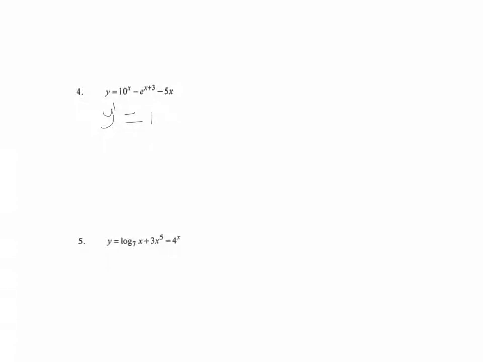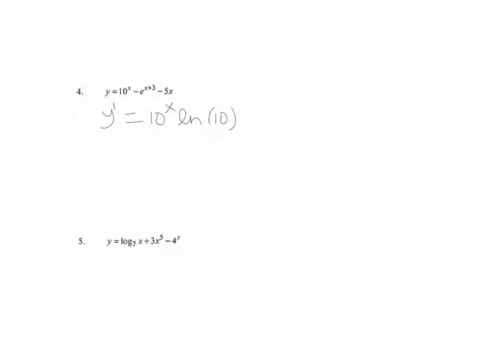Good. Remember, it's going to be 10 to the x, but we have to multiply it by what? ln of 10, the natural log of whatever the base is. Remember, they used b in the formula. In this case, b is 10. So 10 to the x differentiates as 10 to the x times the natural log of 10.